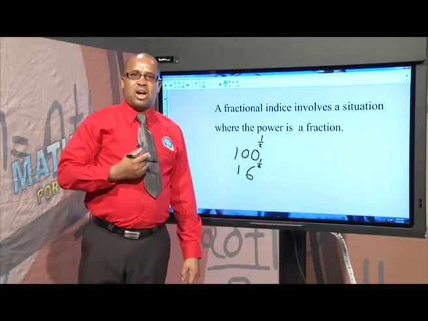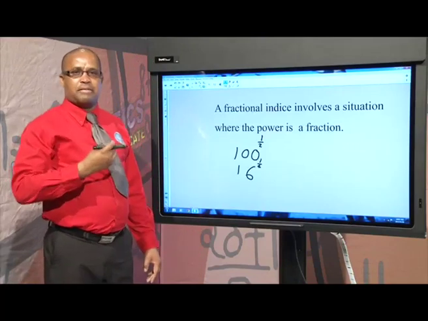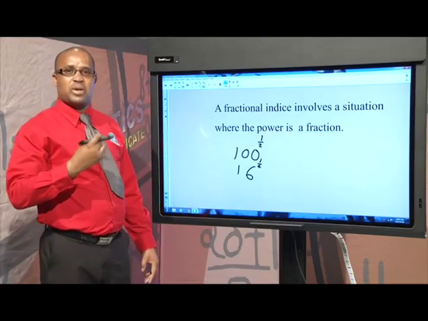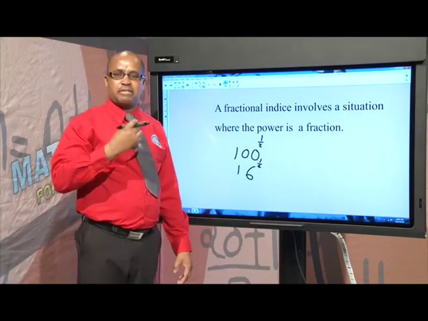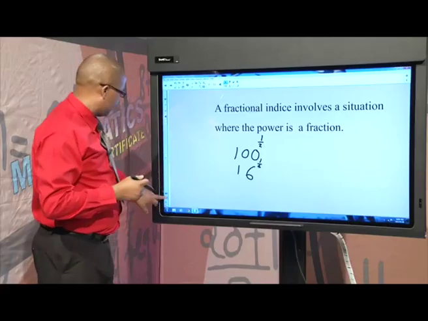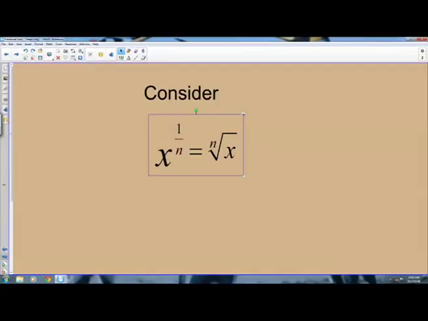Thank you, Bame. You are saying, how do we simplify fractional indices? Before we can simplify those, let us have a look at the general form of a fractional index and then interpret it. Let us consider x to the power 1 over n equals the nth root of x.